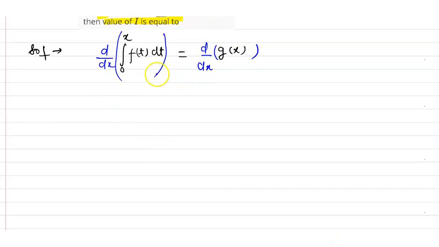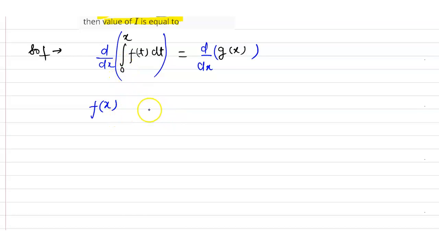Now from here we already know how to solve this type of thing, where we have differentiation of an integral. It gives me f of the upper limit, which is x, and there should be a lower limit term also, but here we have 0, so it will be 0 only.